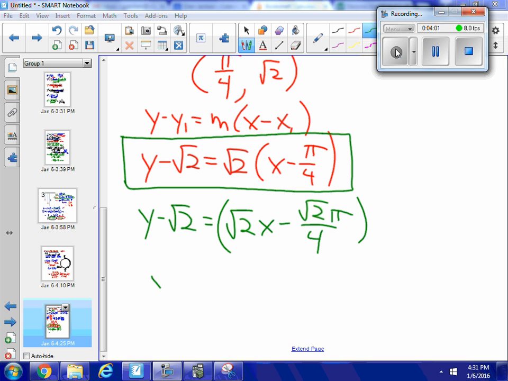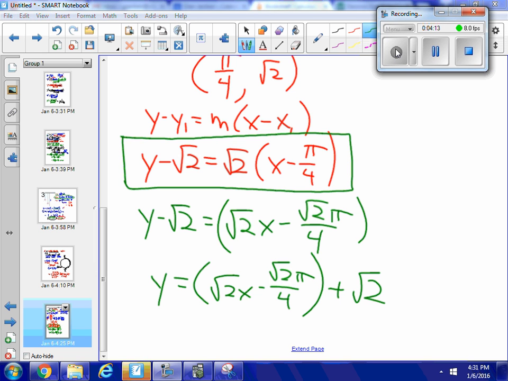So I have y is equal to radical 2x minus radical 2 pi over 4 plus radical 2, moving this radical 2 to the end of that expression.